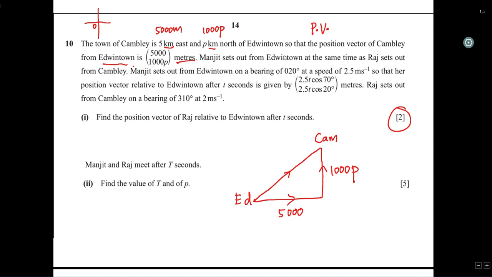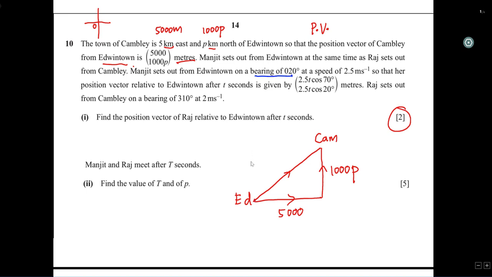Manjit set out from Edwin Town at the same time as Ra set out from Cambly. So you have one person, Manjit, who sets out from Edwin, and the other person sets out from Cambly. Manjit set out from Edwin Town on the bearing of 20 degrees, so obviously you have to know how to do bearings.